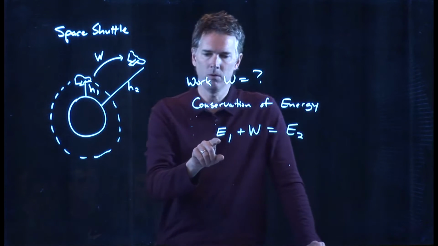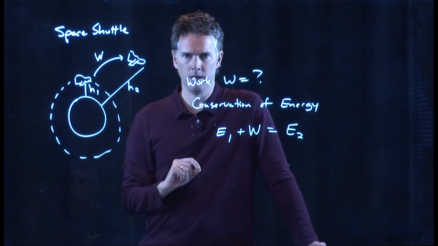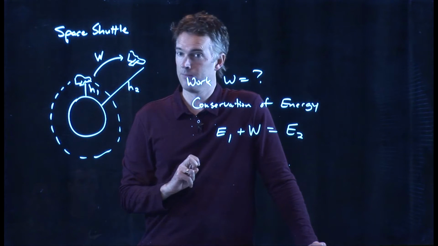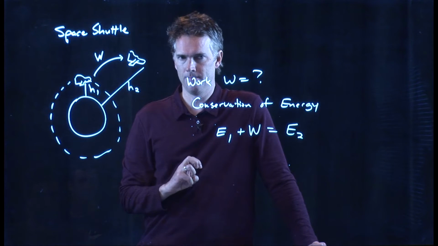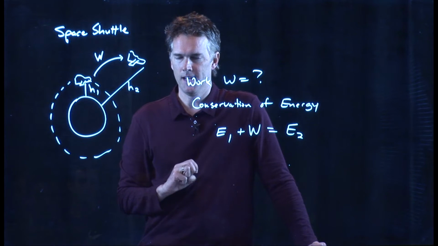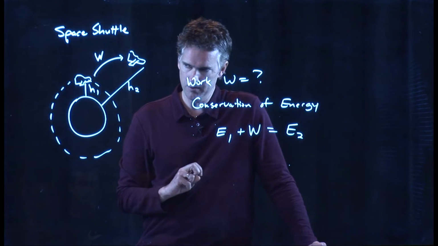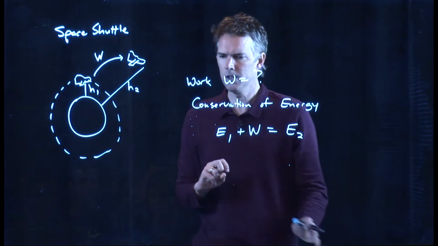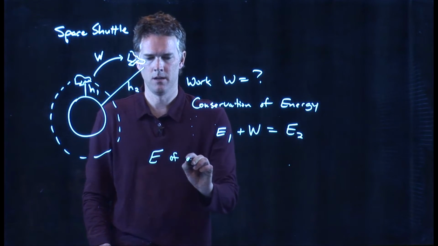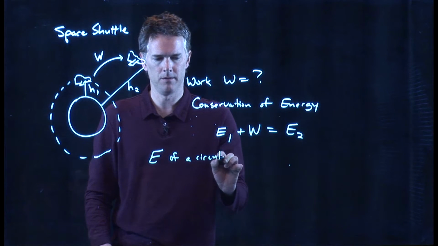Do we know what the energy is in a circular orbit? Do we know? 0. No, it's not 0. It is, in fact, a negative number. How do we calculate the energy of a circular orbit?